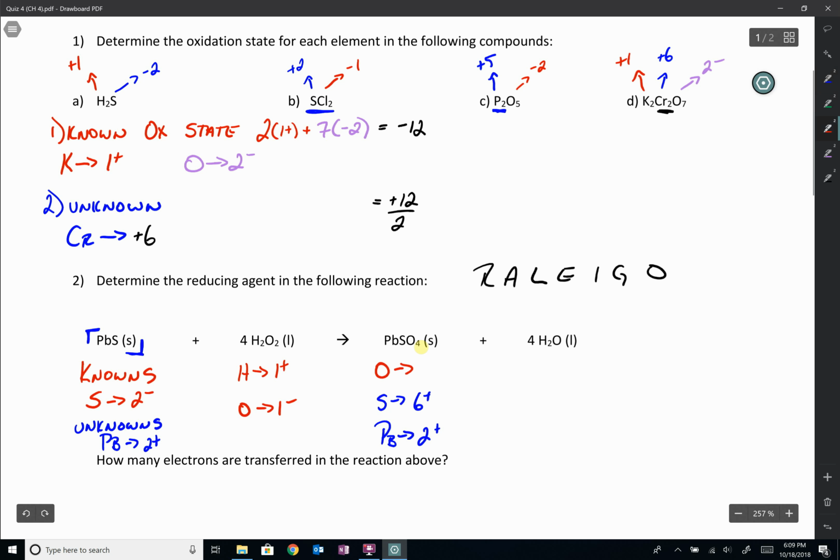Oxygen 2 minus. If you don't know how I got these values, pause this, walk through the individual steps, please. This is going to be on the exams, I promise you. All right, so there's all my oxidation states.